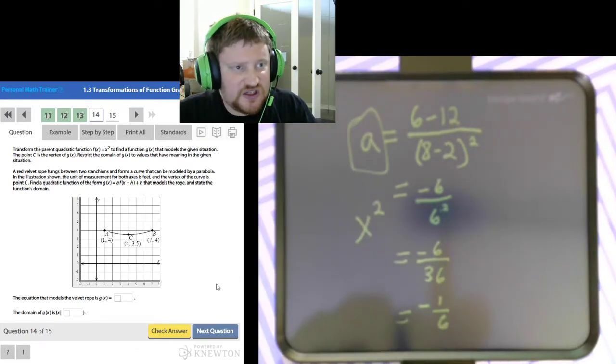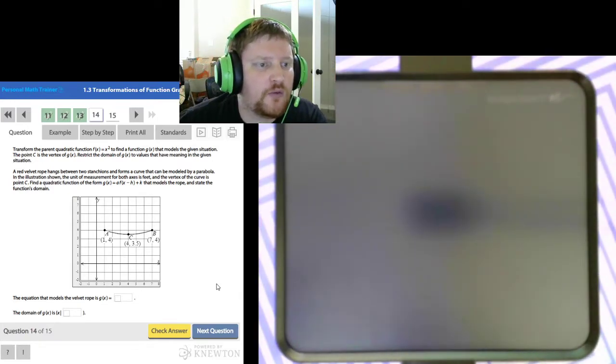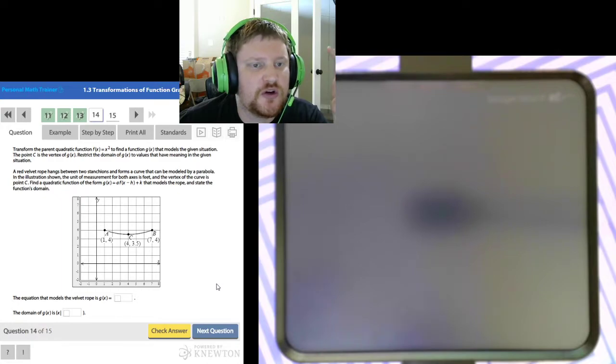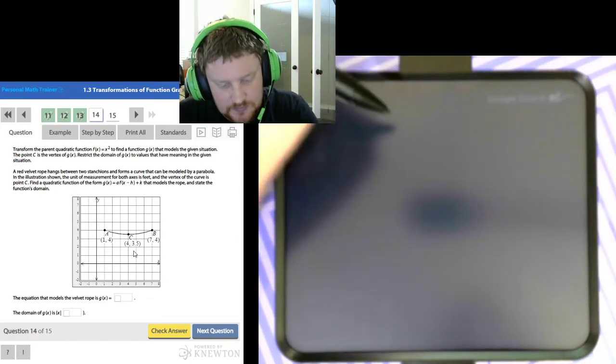So let's take a look at 14 here. Red velvet rope hangs between two stanchions, forms a curve, can be modeled by a parabola in the illustration shown. Unit of measurement for both axes is feet. Vertex of the curve is point C, so this is our vertex. Find a quadratic function, so we've got the exact same thing again.